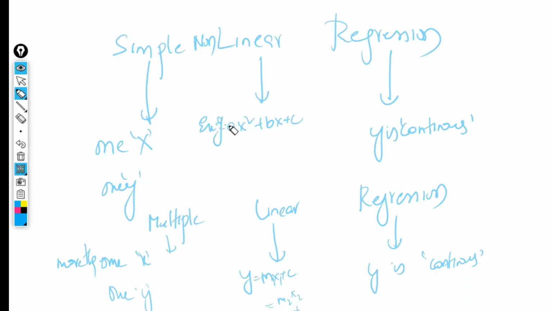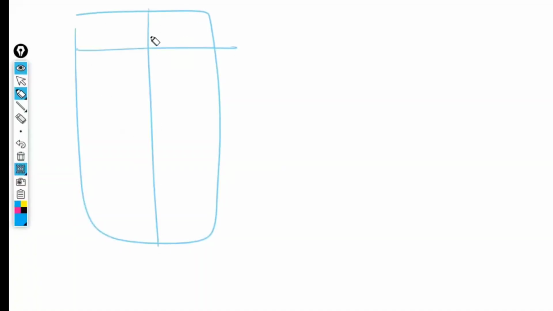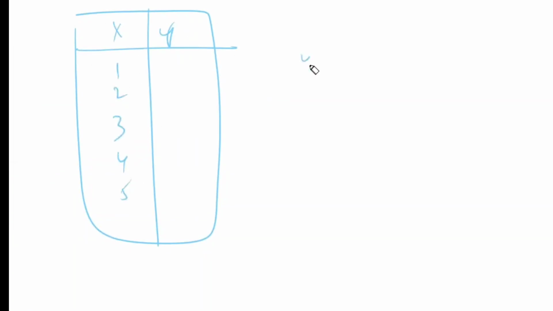Y is equal to, in this how many x's are there? One x only. The x variable is only one, but a is one more and b is one more, these are coefficient values. But x is only one. For example, let us take an example: x and y, 1, 2, 3, 4, 5. Y is equal to 2x square plus 4x plus 9.